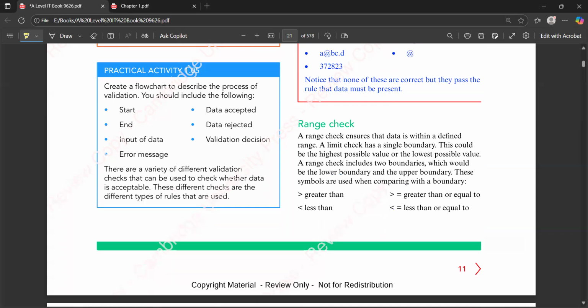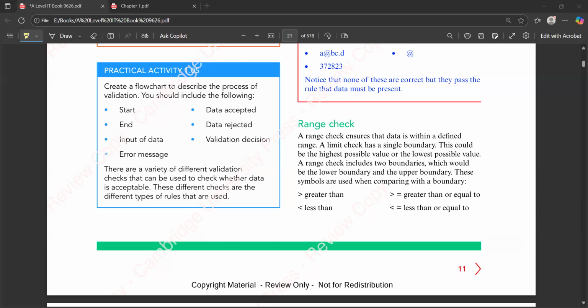Then the second example of validation is the range check. Can you give me an example of a range check? Yeah, I think this one is for the password, because for a range check a specific range of characters should be used. For example, if I'm trying to add some students of grade 9 into my class, what is going to be the preferred age for them?